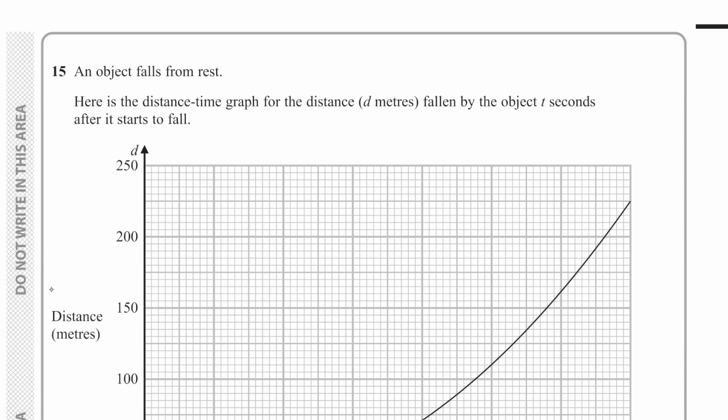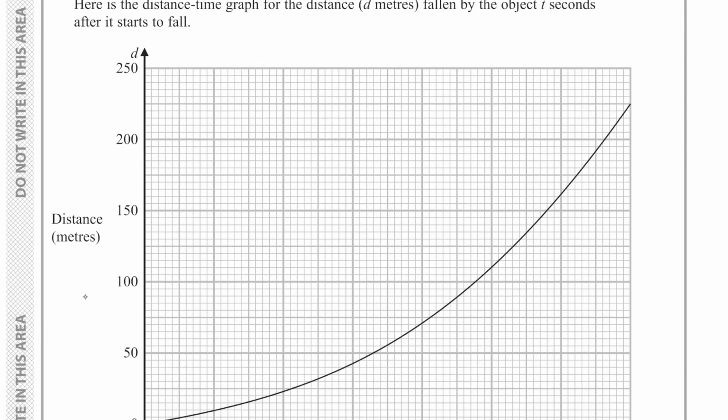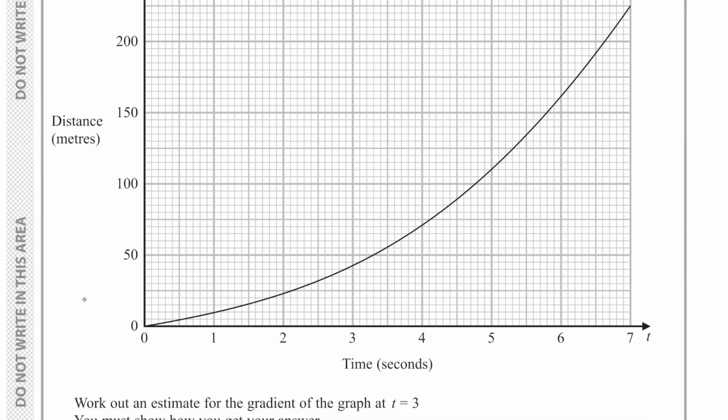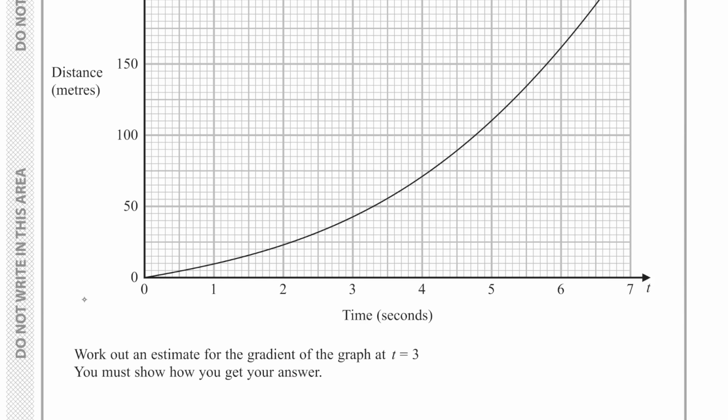Question 15. An object falls from rest. Here is the distance time graph for the distance, d meters, fallen by the object, t seconds after it starts to fall. Work out an estimate for the gradient of the graph at t equals 3. So it's a curved graph. So we're going to work out an estimate for the gradient by drawing a tangent at that point.